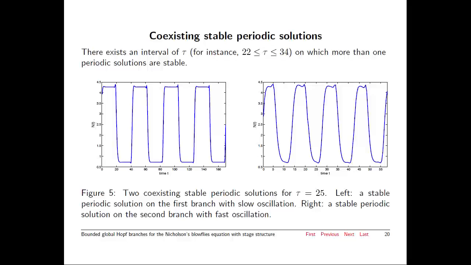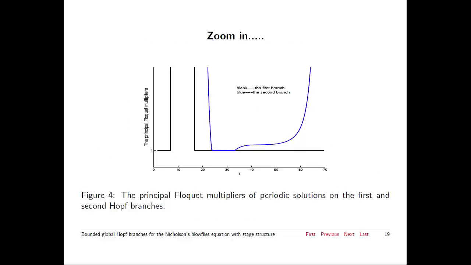So the tau parameter you choose for the two graphs is from that interval? Yes, we fix tau in this interval, and actually at this interval we have four periodic solutions.